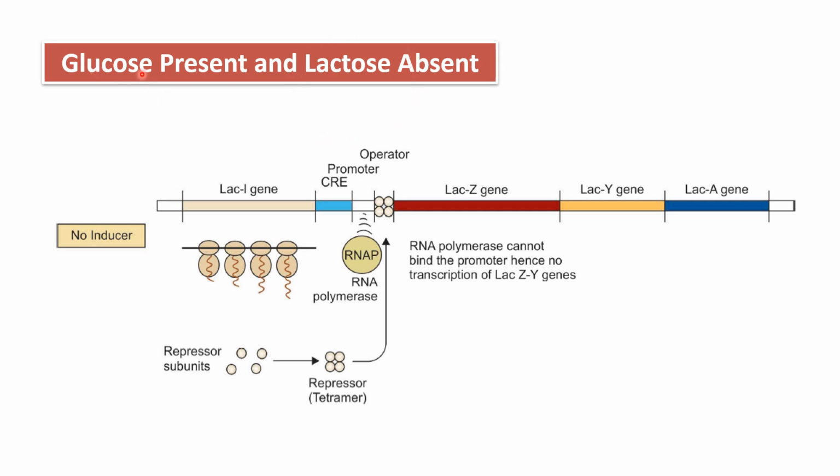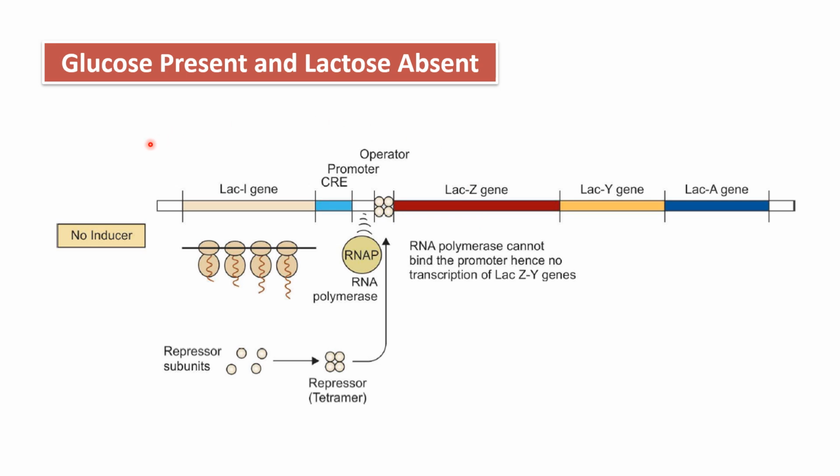So if glucose is absent, it utilizes lactose to produce glucose. So here the lac Z gene produces the enzyme beta galactosidase, which will produce glucose from lactose. So in the absence of glucose, this gene should be expressed. That is the main aim.